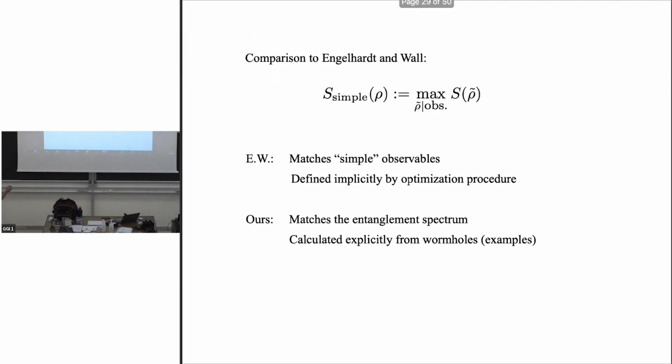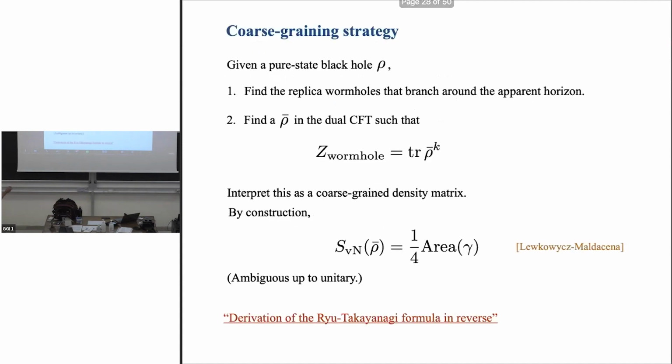What we're going to do is find a density matrix that reproduces the wormhole. What more do you want? I'm just saying there could be many density matrices, and you can calculate the spectrum with the wormhole. So let me just take a quantum mechanical system with the right density matrix.